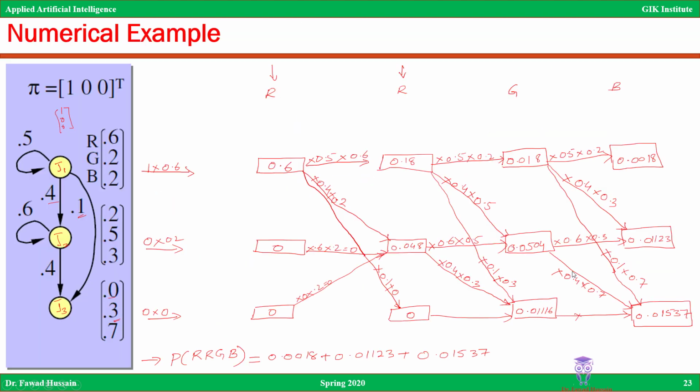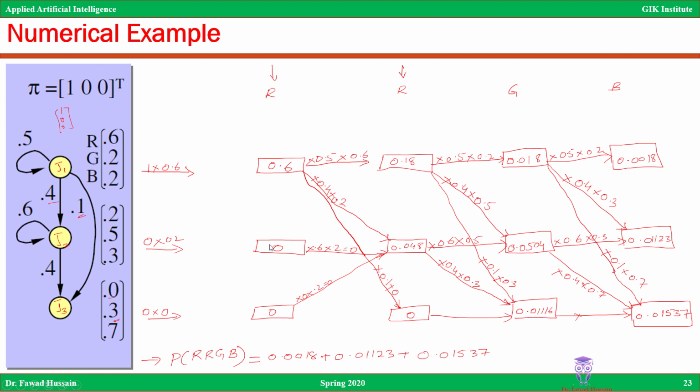In the previous case, the value here was the sum of this multiplication and this multiplication, because it could have been either this or this. In the next problem, we are not saying either this or this, we are saying one of this. So when I'm saying one of this, it means I have to select the maximum value.